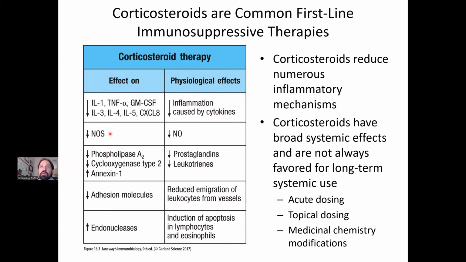It'll have effects on nitric oxide synthesis, meaning we're going to be making less nitric oxide. It's going to be shutting down things like phospholipase A and cyclooxygenases. This will then cause a drop in other inflammatory lipids, things like prostaglandins and leukotrienes. These are major effectors that are going to cause things like pain.